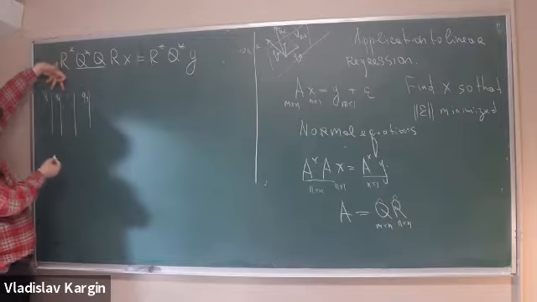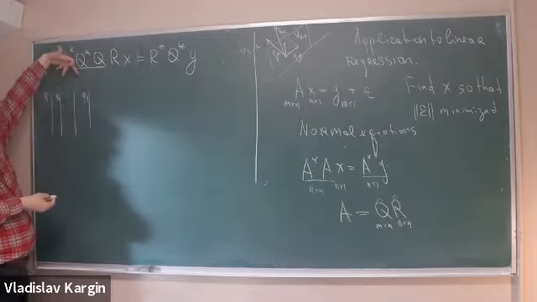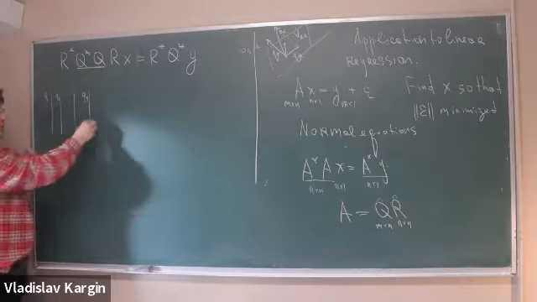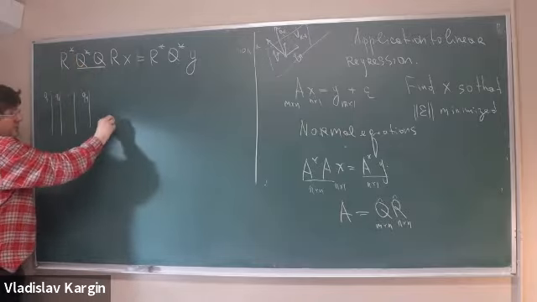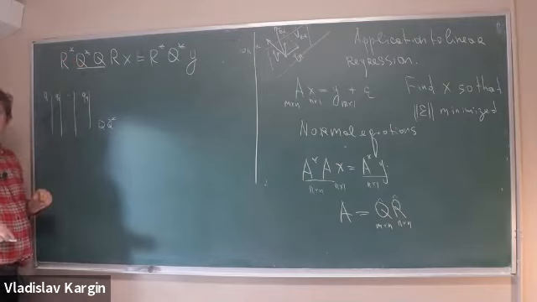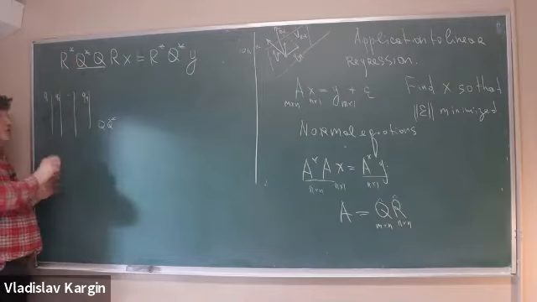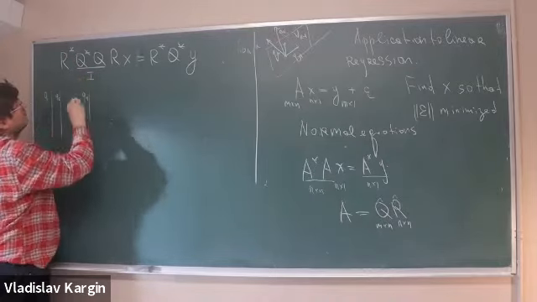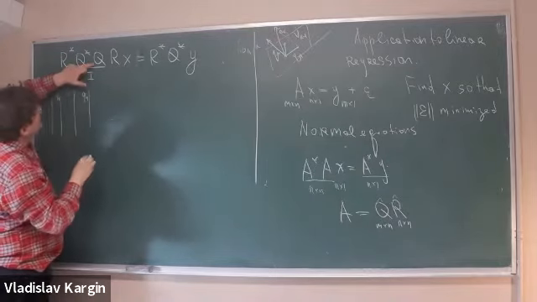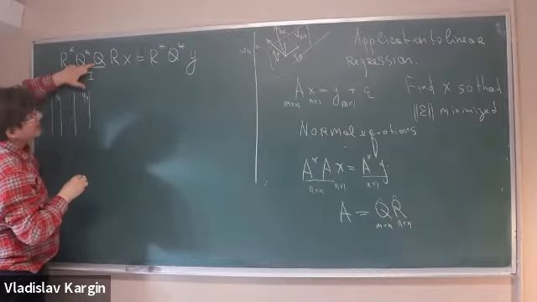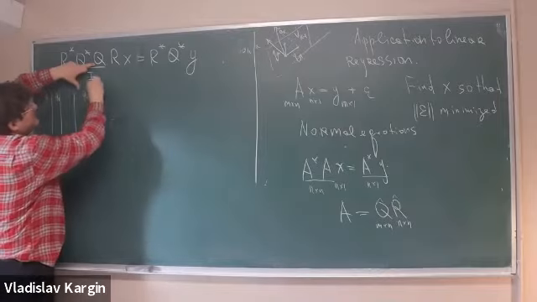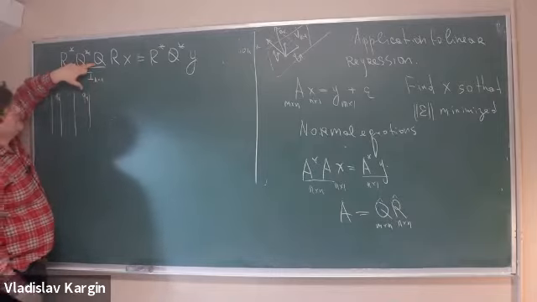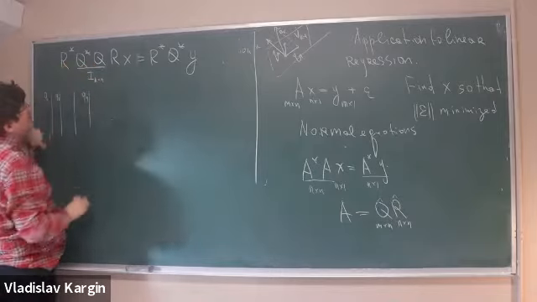If you look at this, you can convince yourself that this is actually the identity matrix, in the right direction. So this is an identity matrix. What is its dimension? Q was m times n, so this is an n times n identity matrix. R here is also n by n.